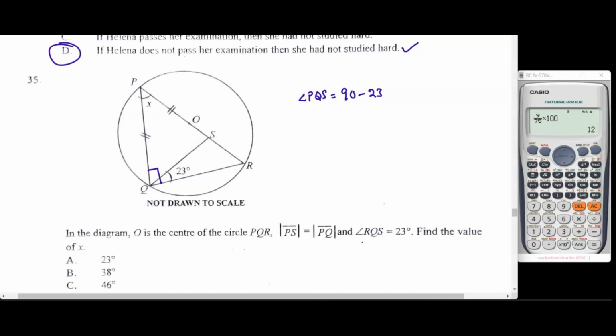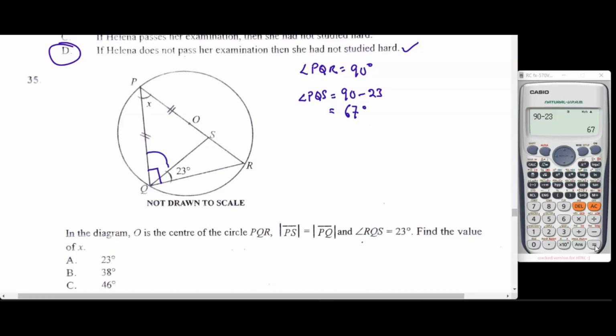Now remember, we said angle PQR is equal to 90 degrees because it's an angle subtending on PR, which is the diameter. And this angle is formed at the circumference of the circle. So we have angle Q as 90. So angle PQS will be equal to 90 minus 23, which leaves an answer of 67. So we have 67 degrees here.